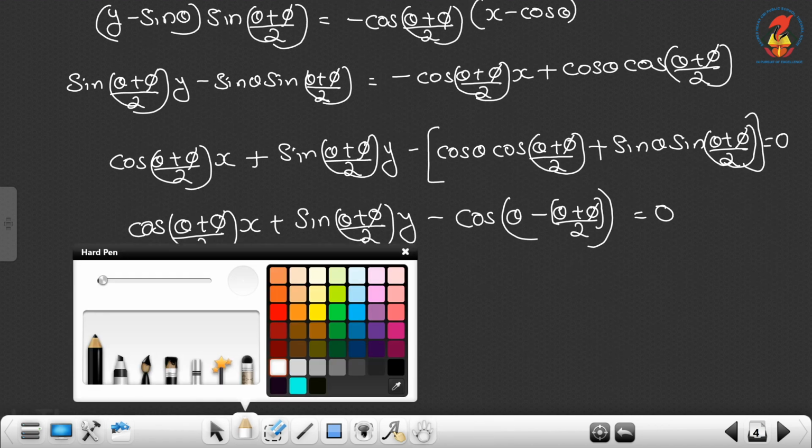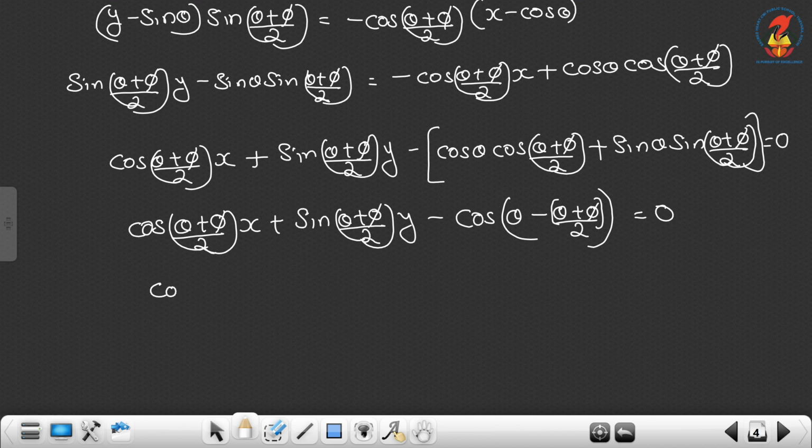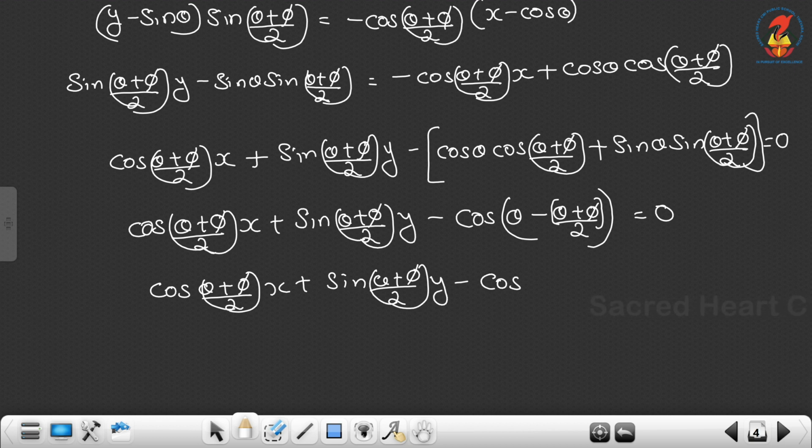Now again we can simplify that. So cos (theta plus phi)/2 x plus sin (theta plus phi)/2 y minus cos of, theta into 2 is 2 theta, 2 theta minus theta is theta, then minus phi by 2. Okay.